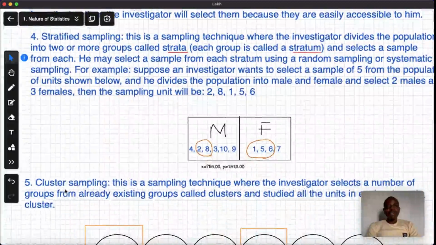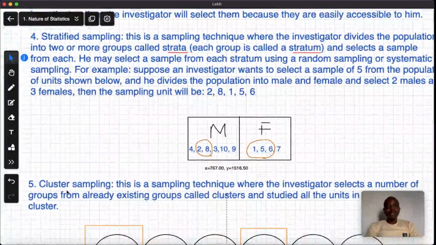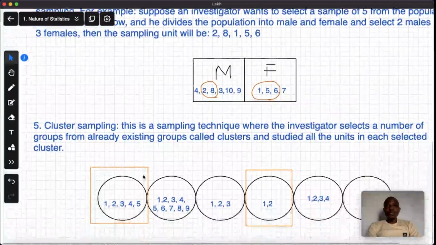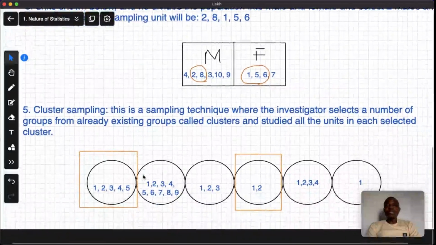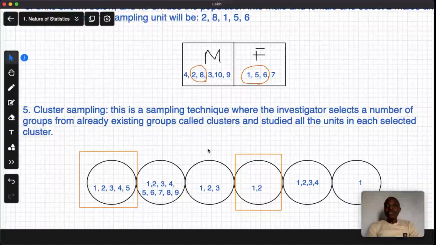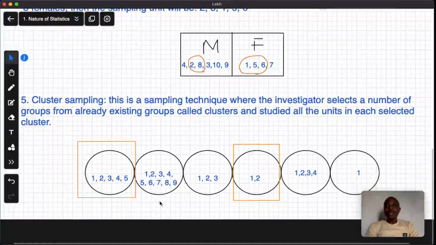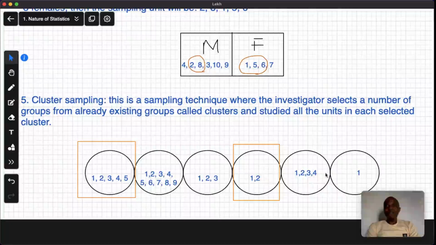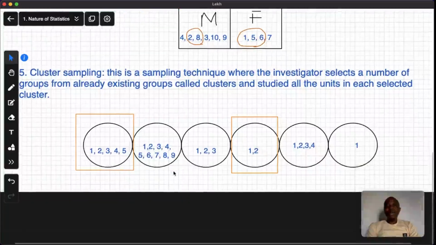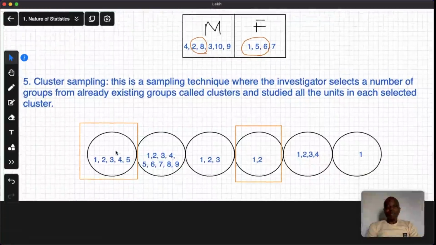Now cluster random sampling is another sampling technique. This one says the population already exists in groups, which we refer to as clusters. You just select a number of clusters, and then you study all the units in those clusters. So for instance, supposing we have 6 clusters, and I, as the investigator, select only 2 of the clusters.